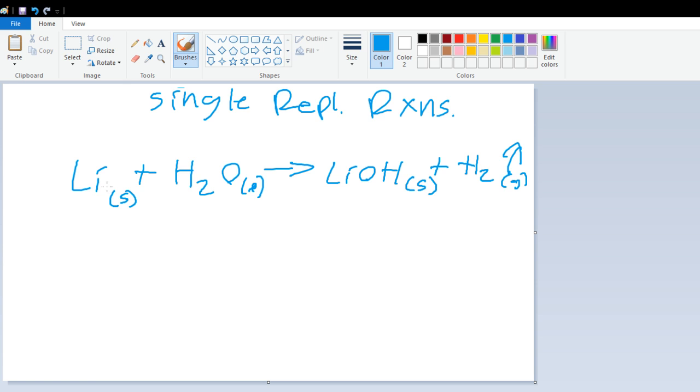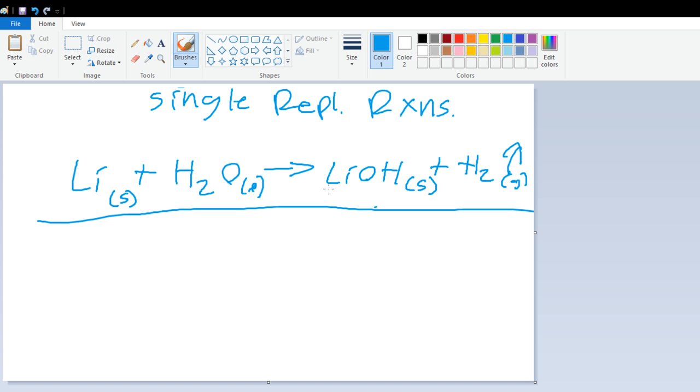Now then, the next most reactive will displace hydrogen from steam, and you know, this all builds up. So if you're given steam and lithium, it's still obviously going to create the same product. It builds up on each other.